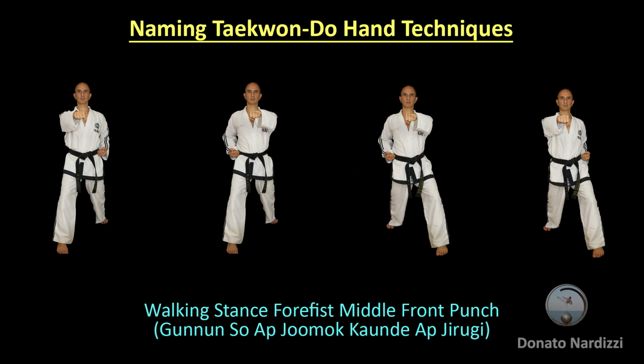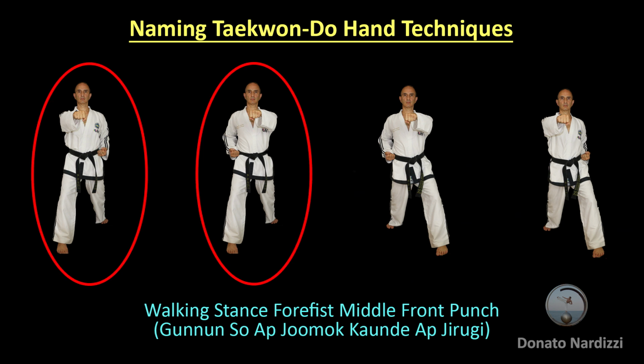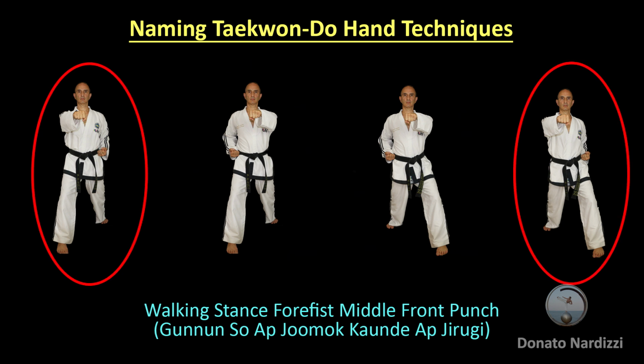But these four variables are not enough to describe the technique completely, because we've not specified whether we're using a left or right stance or a left or right tool. For example, with walking stance, four fist, middle front punch, kununso apchumok kaunde apchirugi, there are four ways that can be done, with a left or right walking stance, or a left or right four fist.